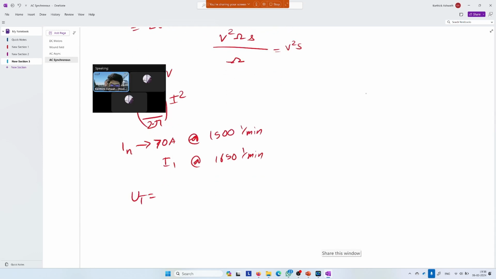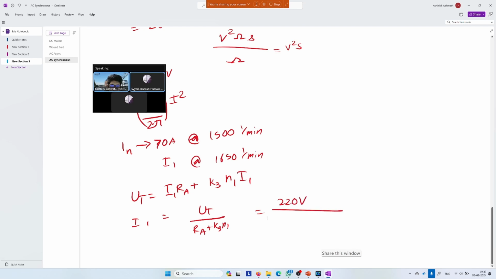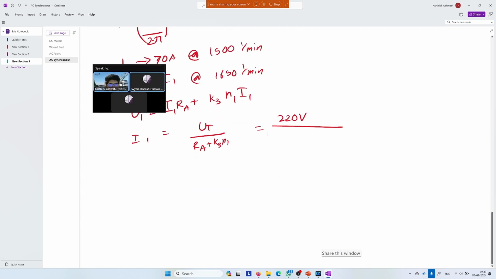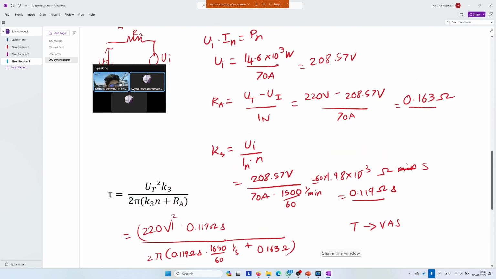UT equals I1 RA plus K3 N1 I1. So I1 equals UT divided by RA plus K3 N1, which equals 220 volts. RA is 0.163 ohm.